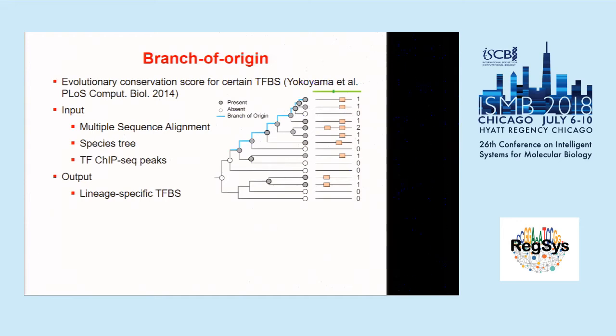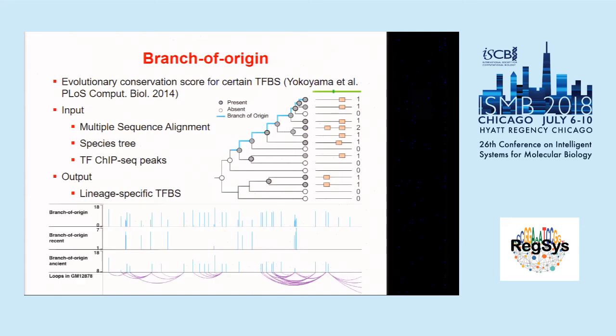To understand it in an easier way, for a specific TF binding site in the human genome, we want to know when this TF binding site came into being at the very beginning in the evolutionary history. For example, this binding site first appeared in elephant or mouse or chimpanzee, something like that.